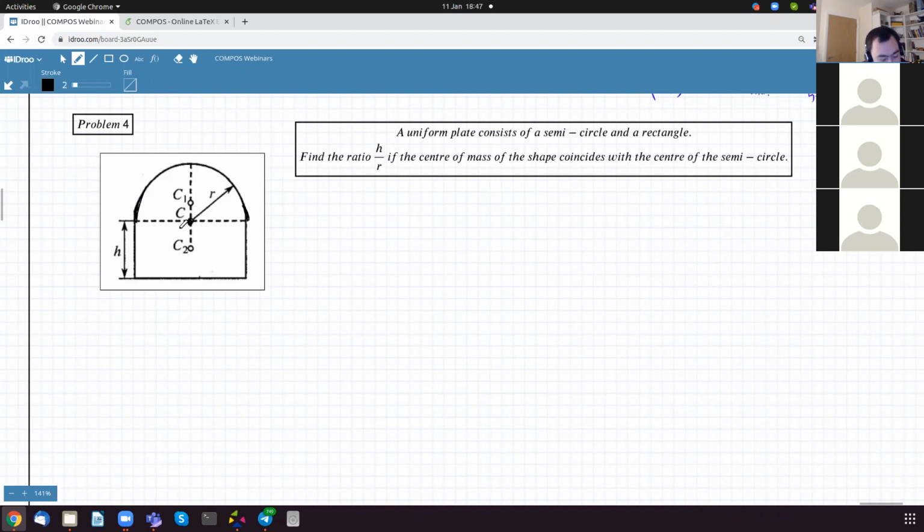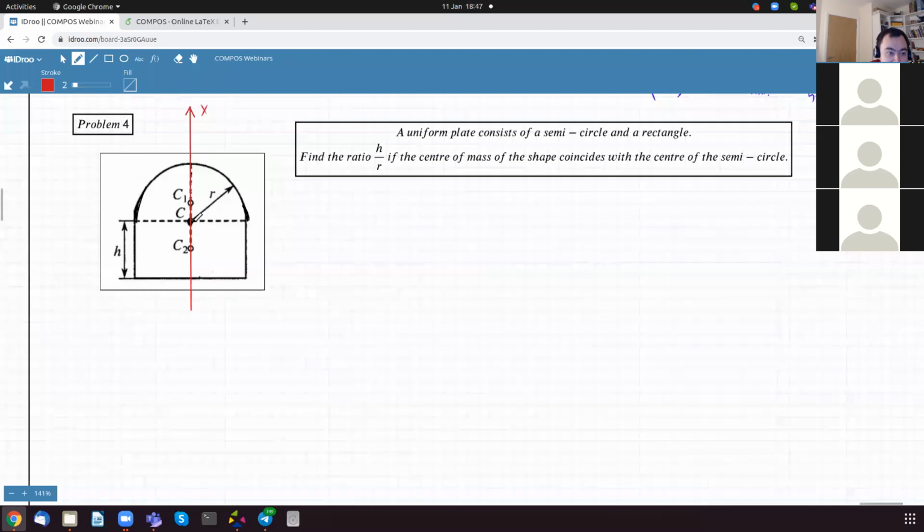Of course, we start with choosing a position for your x-axis. And I suppose the easiest way is to do it like this. So this is the x-axis, and this is 0. This is 0 on the x-axis. Now, a few things that you need to know.